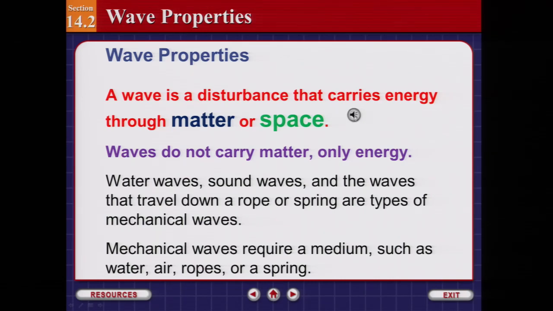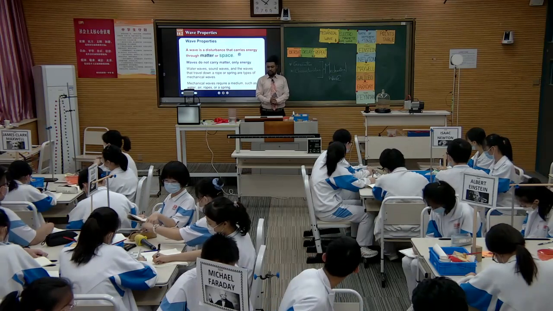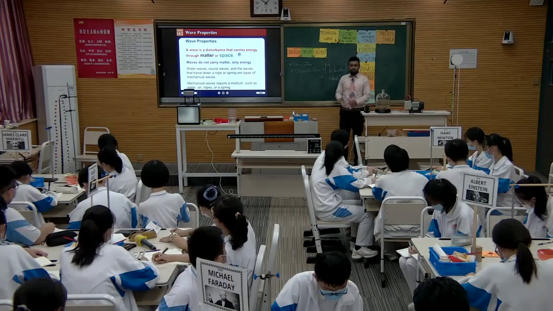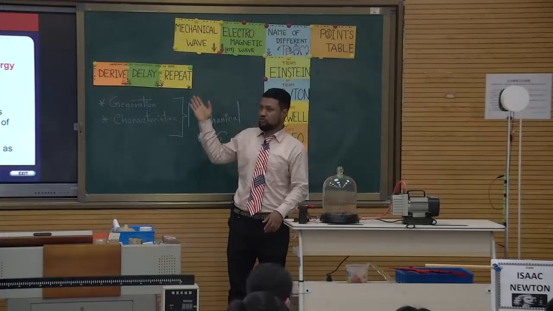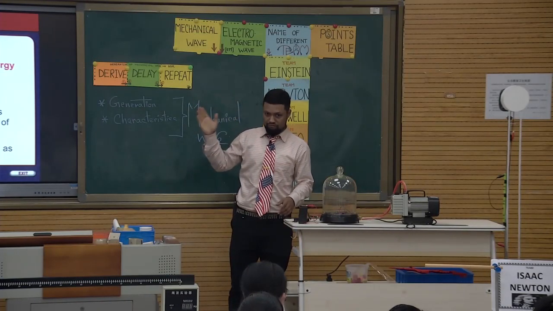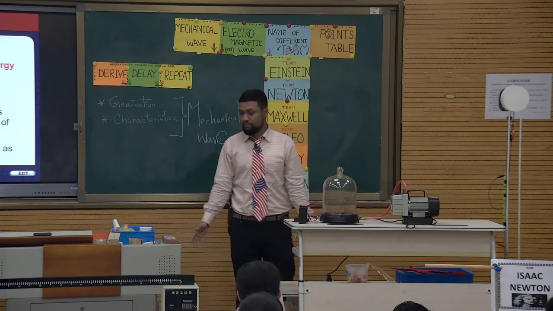So the wave property, please put it down. This is very important. A wave is a disturbance that carries energy through matter or space. So you can see here the matter, and here the space. For the matter, that is mechanical wave, which needs a medium to travel and is our topic today.